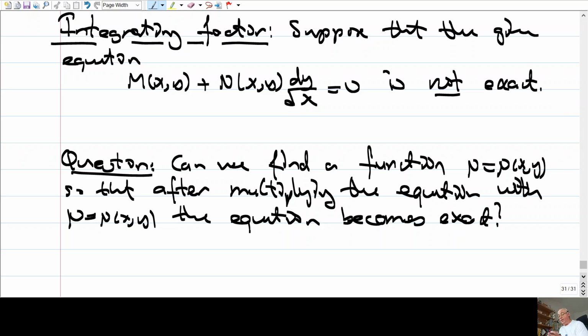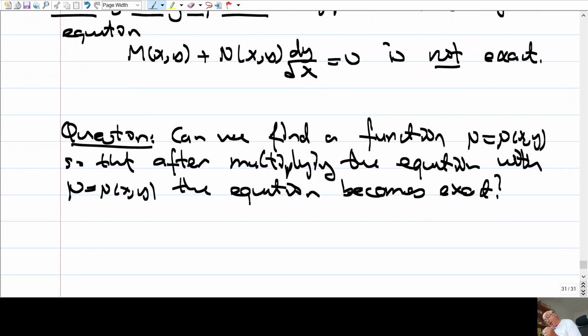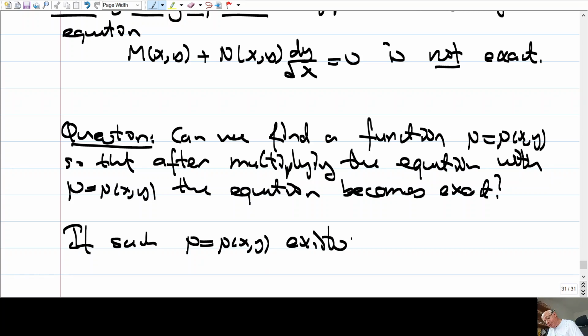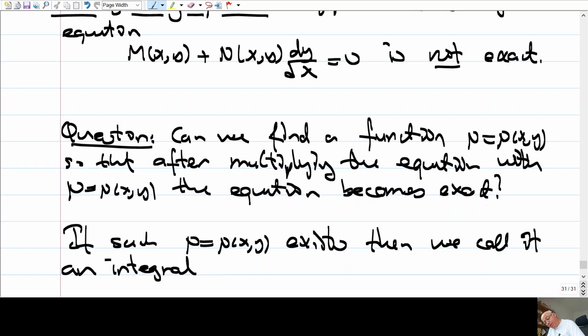So this is a nice idea to try, right? If we can find such a function, then it means you can solve the equation. If such a function exists, then we will call it an integrating factor. If such mu(x,y) exists, then we call it an integrating factor for the equation.